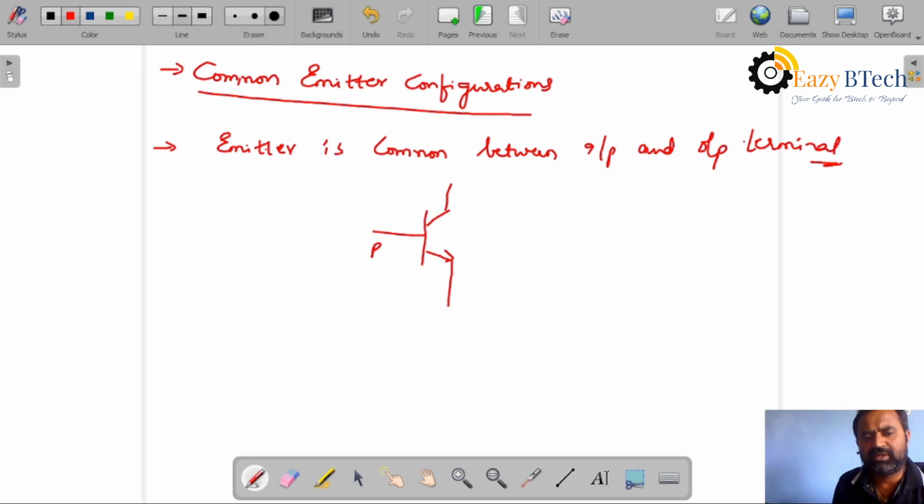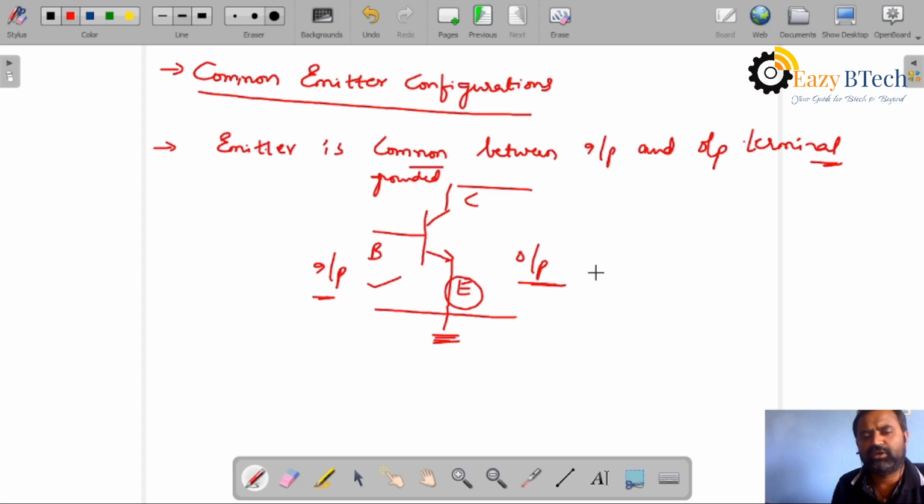Now it is a base, it is a collector, it is an emitter. Emitter is grounded. Common means grounded. This side is an input terminal and this side is an output terminal. This emitter is common between input and output.